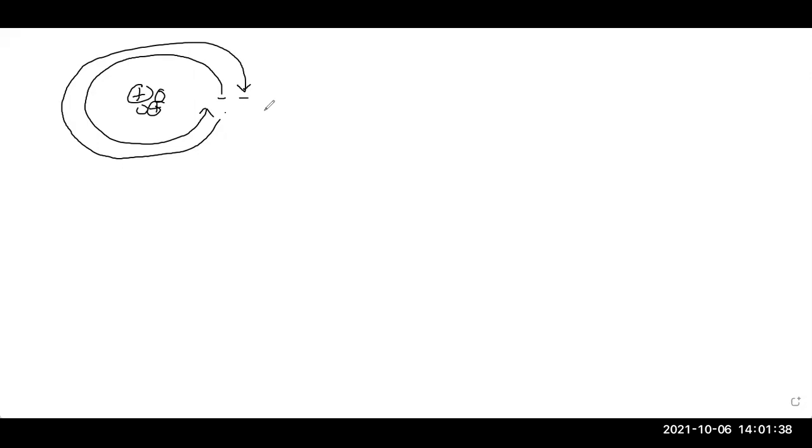But if you have some things where those don't cancel out, often that will cancel out with a nearby atom. So if you have a current loop with a magnetic moment, and it's near another current loop with a magnetic moment in the opposite direction, if you're really close to them, these wouldn't perfectly cancel out.